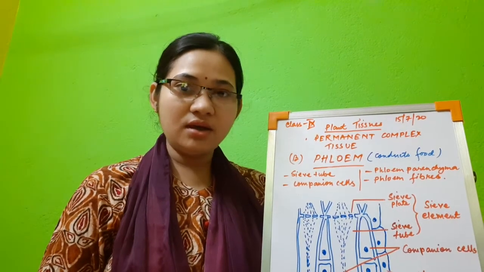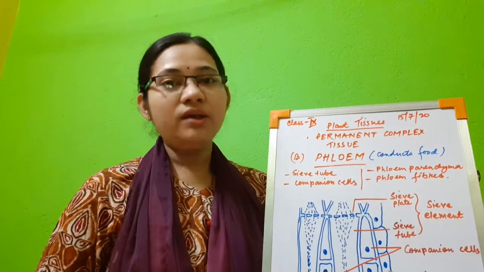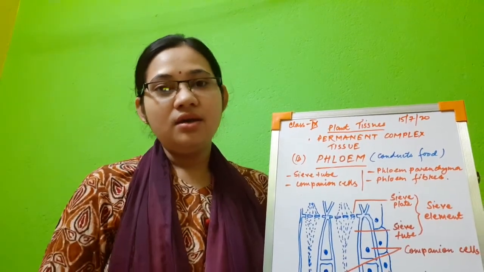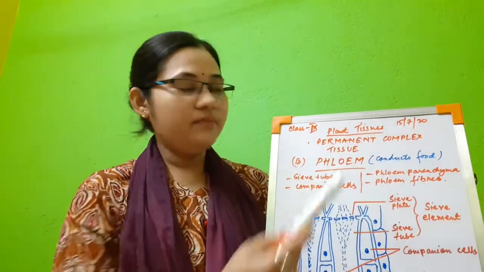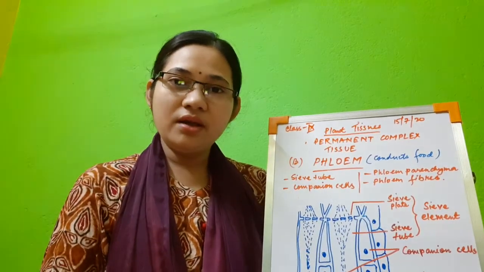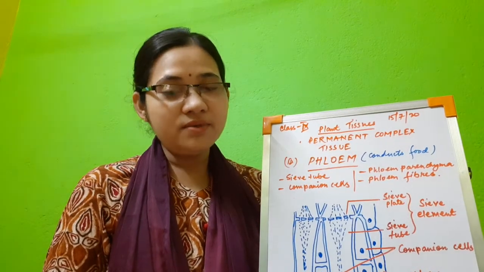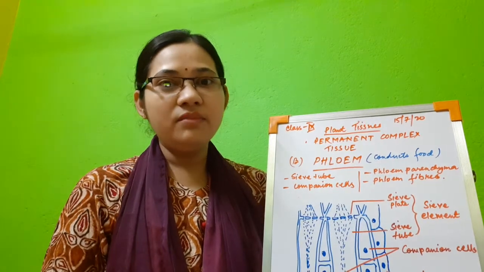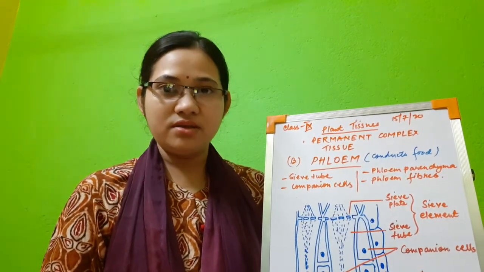This food is translocated to different parts of the plant, whether stems or younger leaves, through phloem tissue. So the function of phloem tissue is to conduct food and soluble organic matter from the leaves to different parts of the plant. That is why the direction of conduction in phloem is bidirectional, both upward and downward.